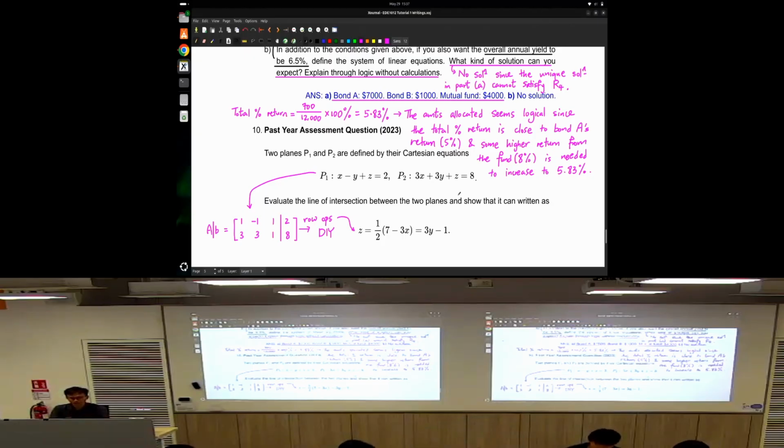You can use your tablet, but the condition is that your tablet as well as your laptop must be in this inclined manner. Meaning to say you cannot flatten and put it entirely on the desk, because the invigilators will monitor your computer screens from behind. So we must be able to see your screen.